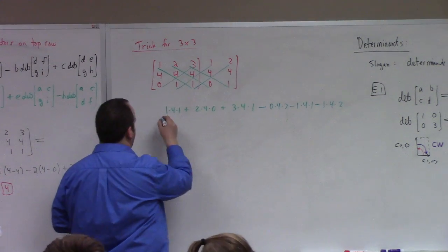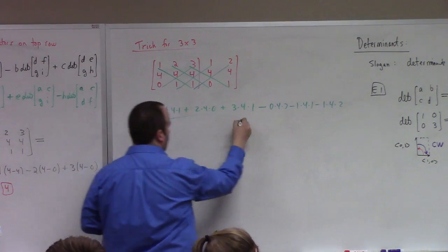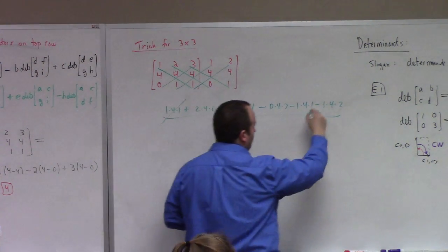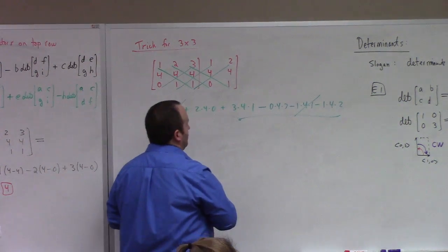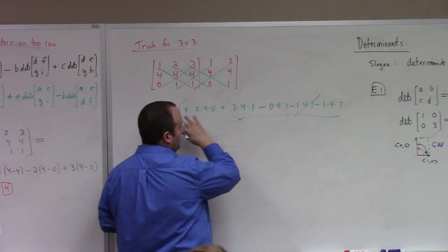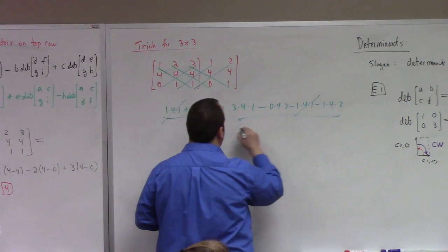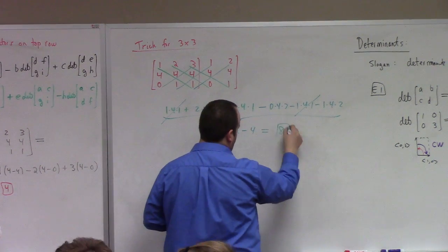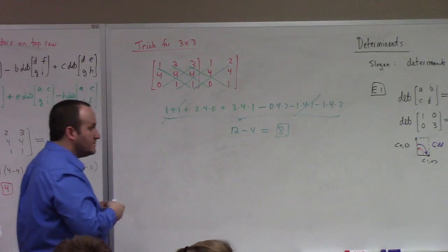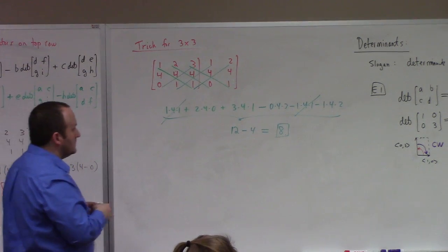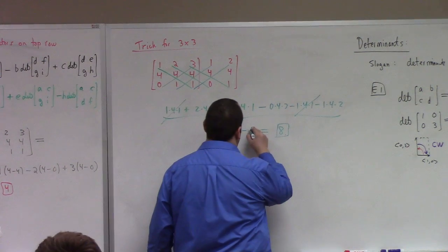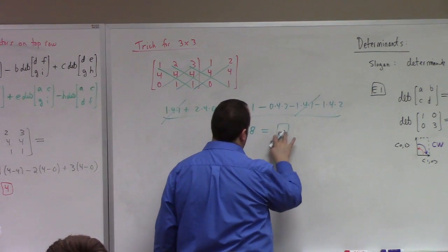Which is what? Oh, this 4 cancels with that 4. That's just 0. So we get 12 minus 8. It is what it is.